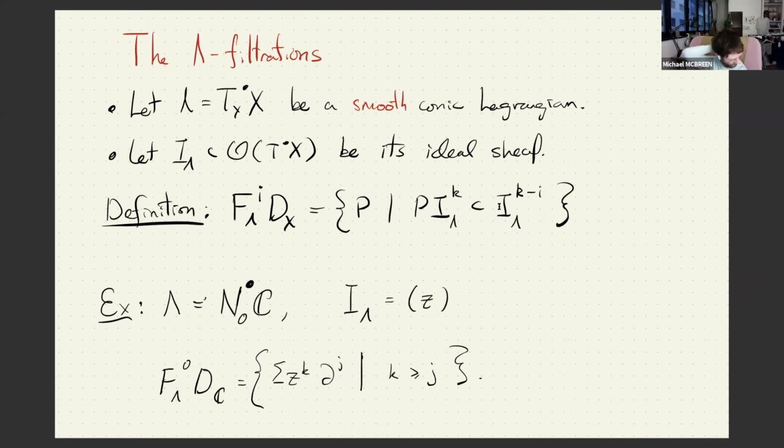So we start with a smooth conic Lagrangian. We let I be its ideal sheaf, functions that vanish on lambda.